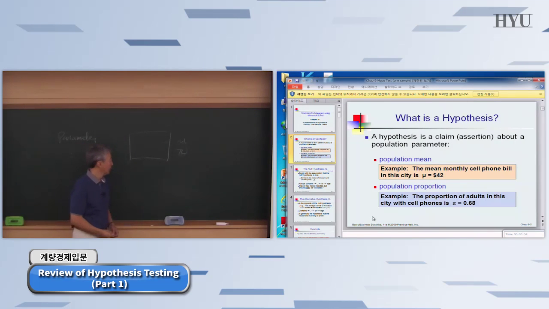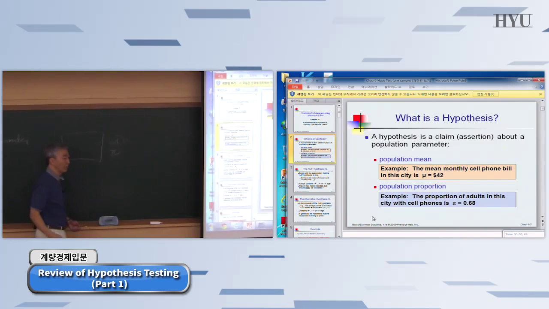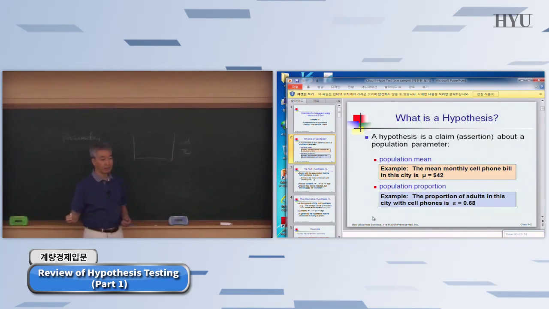The trouble is many times the population is too large. If you really want the population mean, you have to add up all the heights of all male students and divide by the number of male students.